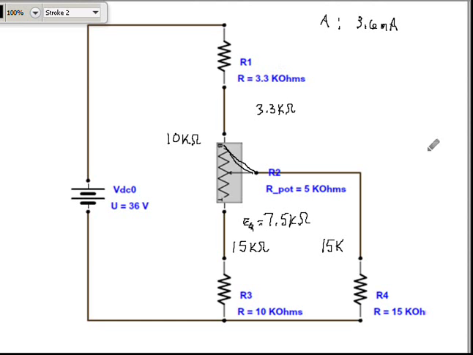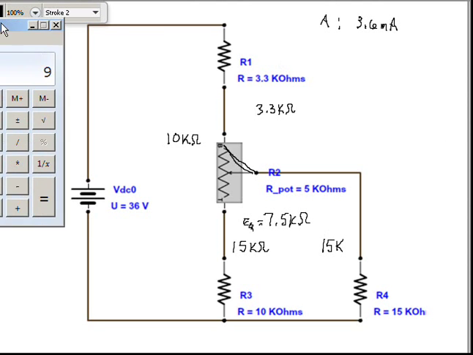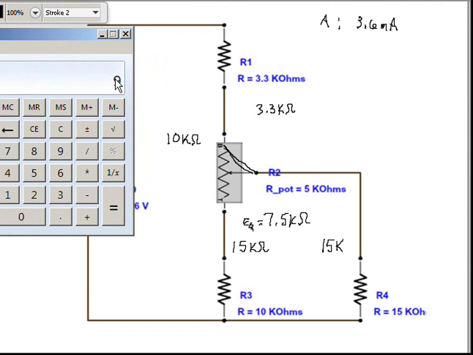My voltage drop across R1 is going to be the total current, because it is a series circuit. .0036 times 3.3K equals 11.88 volts is your voltage drop across here.